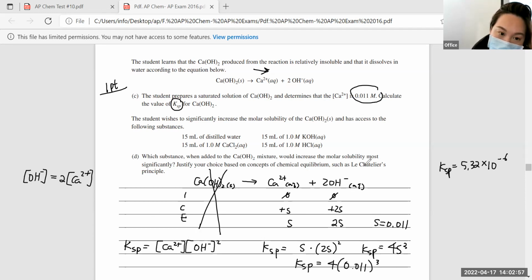So if I did an ICE table like this, this plus S and this plus 2S would be that implicit recognition. You don't have to write this out, you just have to somehow imply in your calculations that this is true. So that is 1 point, and then 1 point for Ksp. So if you got 5.32 times 10 to the negative 6, that's another 1 point.